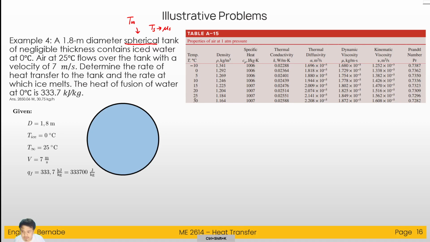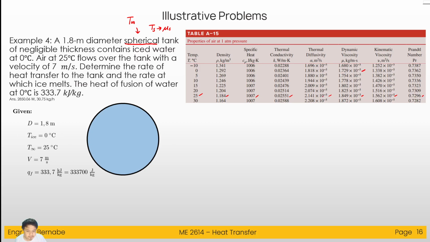Okay, so let's begin. We have a free stream temperature of 25 degrees Celsius, so we will choose that as the temperature for the properties for calculating the Reynolds number and everything else, no? And then we only need the temperature of the surface, which is 0 degrees Celsius, for the dynamic viscosity, which is where is it?